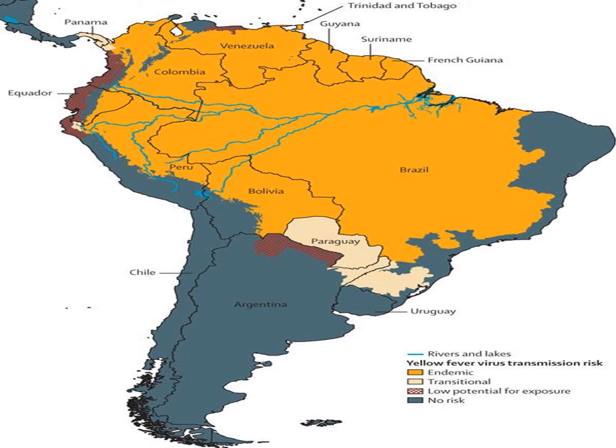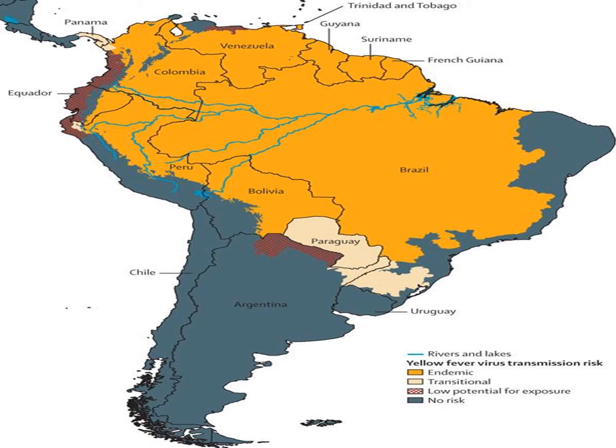This part in gray, no risk. Low risk here and here and here in Panama. This is South America.